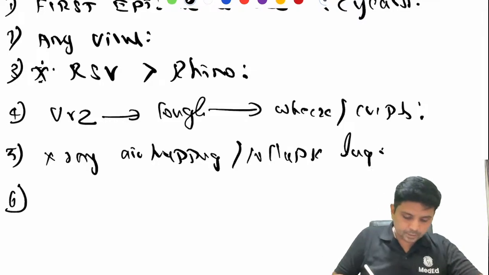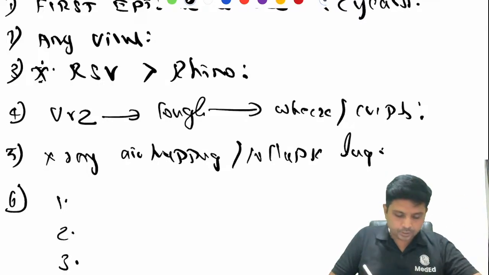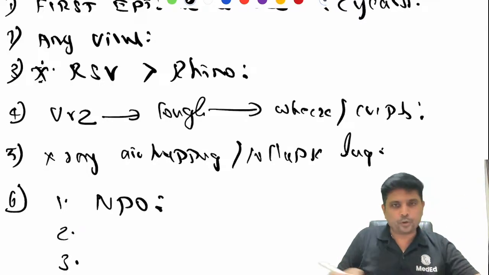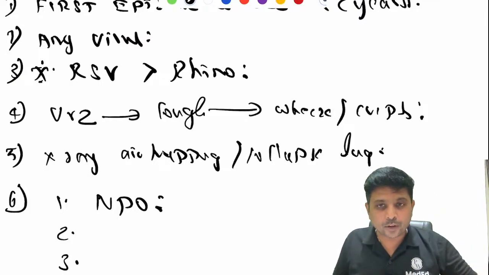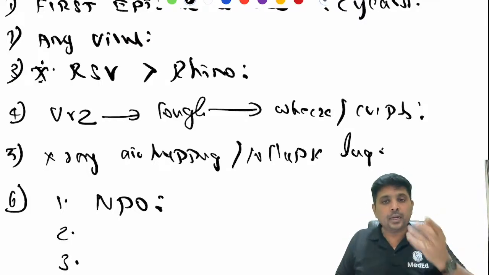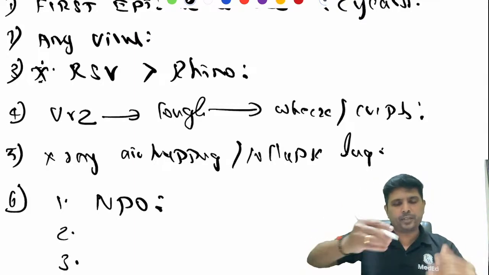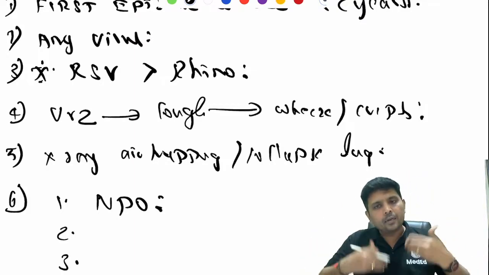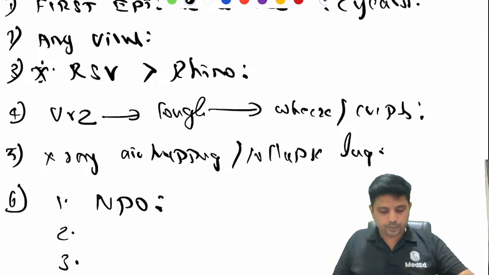The treatment is three things. Always, because of severe respiratory distress, keep the child nil per oral, because the child is prone for aspiration. When you give milk while the child is having respiratory distress, the child is prone for aspiration.